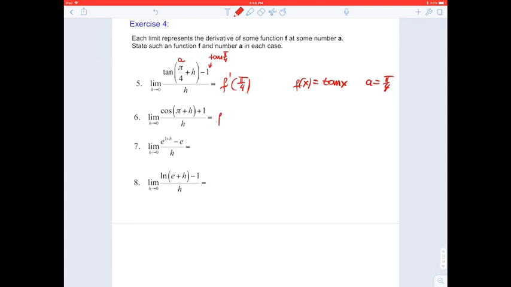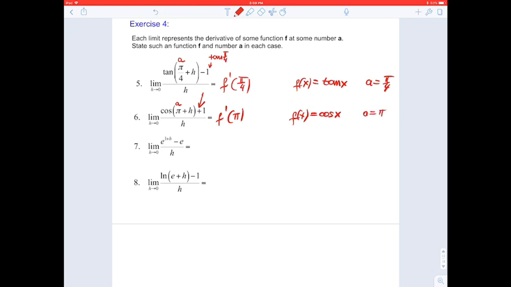Okay, respectively the same, derivative at pi. This is my a value. And then, this one we have to be really careful. Look at this, addition. I don't know if this is really a derivative. It doesn't really match my definition at the moment. But let's see. Normally we would say cosine of x at pi.